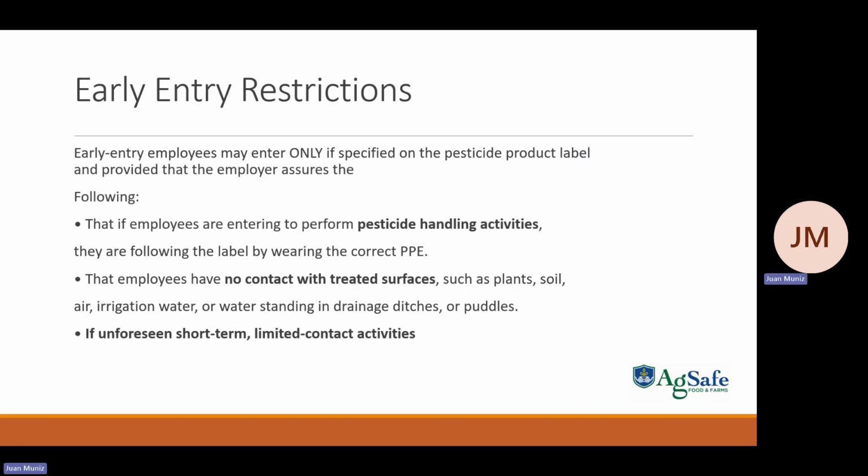And there are other requirements, which we're not going to go into depth with, but just remember that for limited contact activities, we touched on the fact that it has to be the lower extremities from the knees down and from the elbows to the hands, where we have to be careful that we only contact those areas while we're conducting any labor in that treated area.